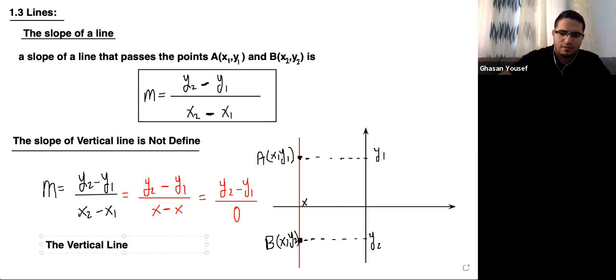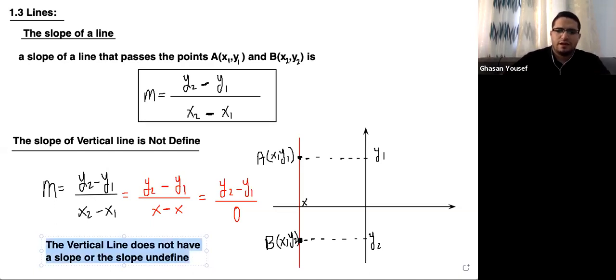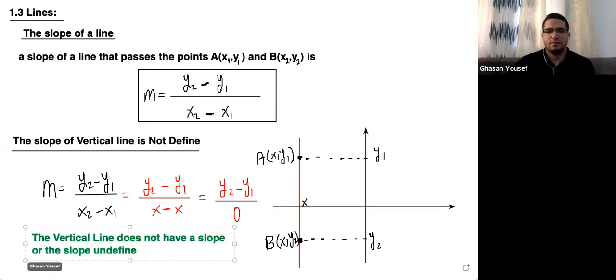I mean undefined, it does not have a value.